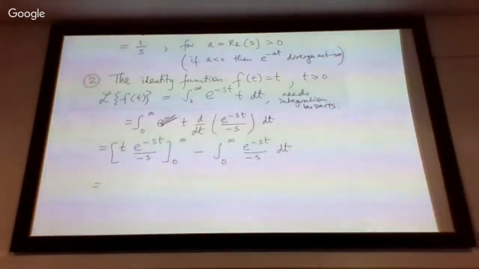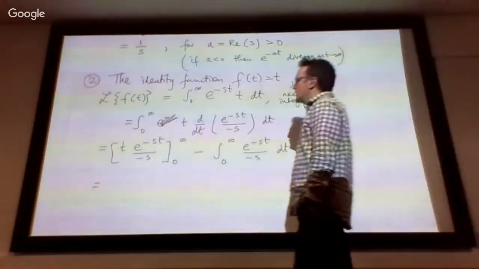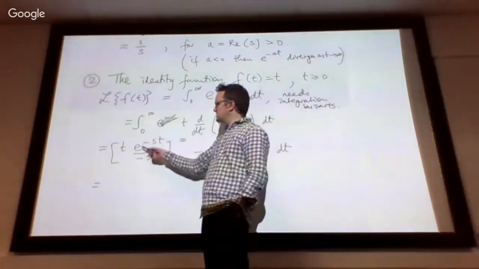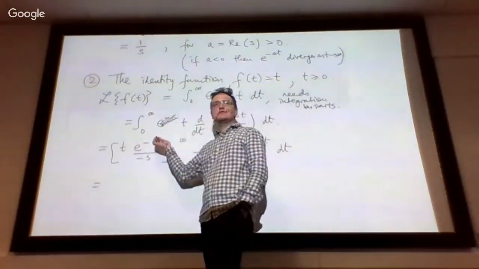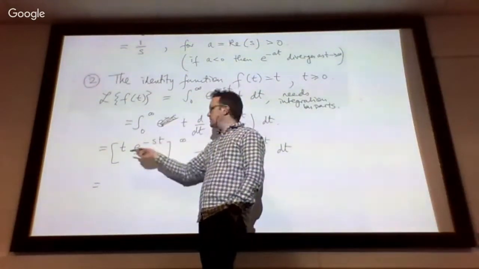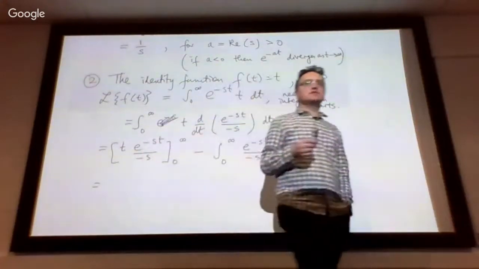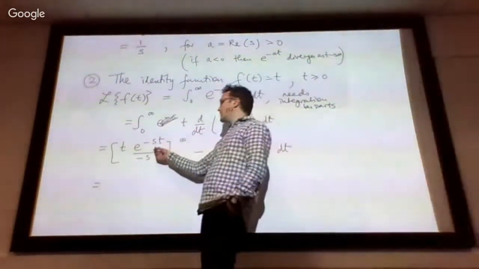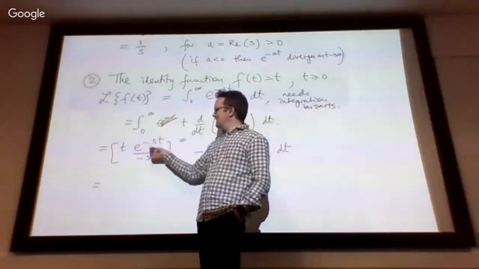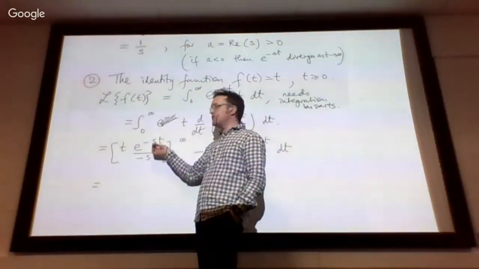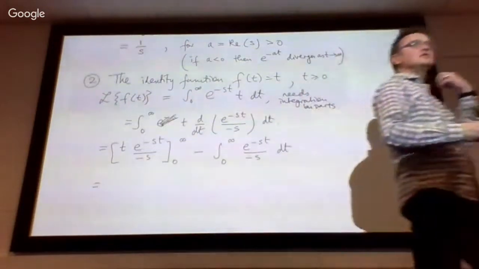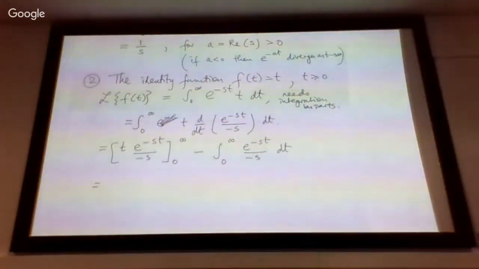As before, when you evaluate it at the limit infinity, you're taking the limit of this expression as t goes to infinity. So that is the limit of t times an exponential function. Now, an exponential function is a constant rate of increase. The exponential, if the real part of s is positive, is decreasing to 0, converging to 0 very, very fast.